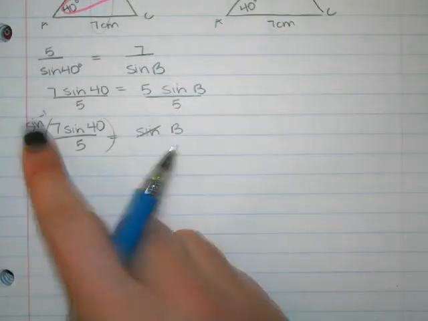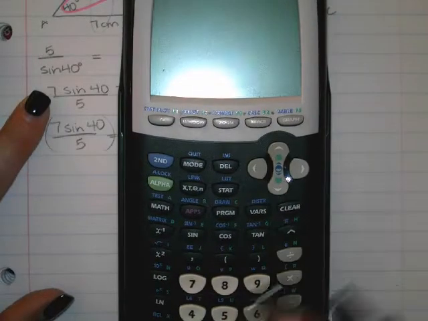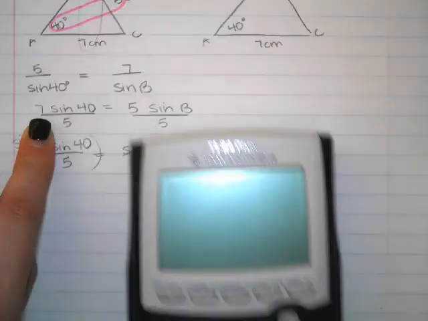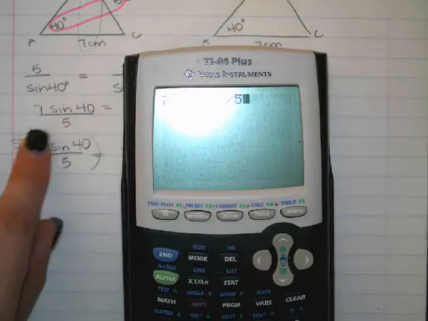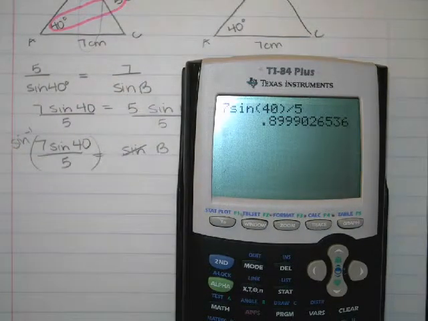Okay? So I'm going to show you guys how I usually type this in to make it not so hard on myself. So what I usually do is I start here and I say, all right, 7 sine 40 divided by 5, because that part of the problem at least seems similar to what you did on the front page. So what we did when we were doing the front page problems is we did one thing times another and we divided something over, right?